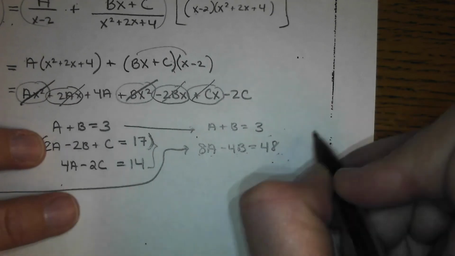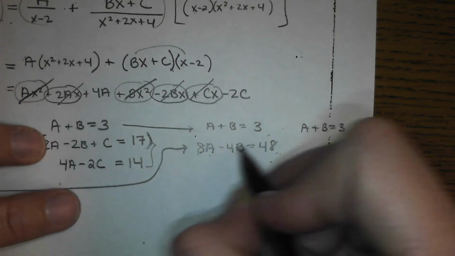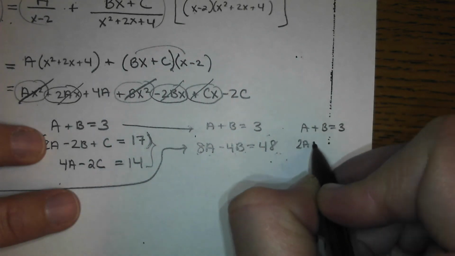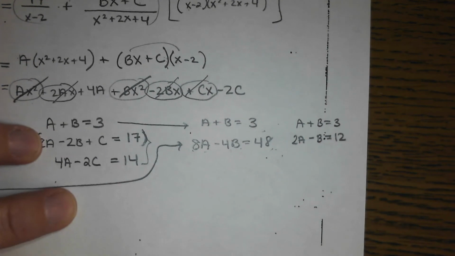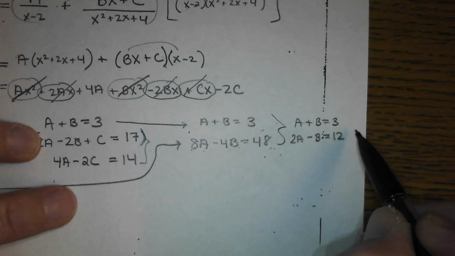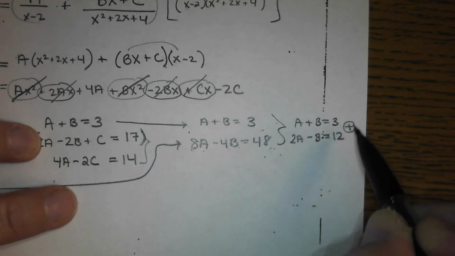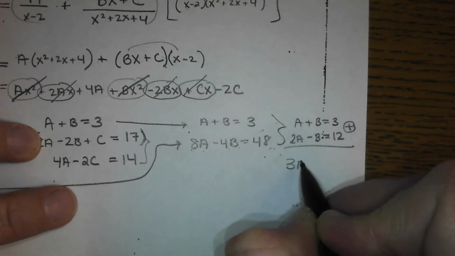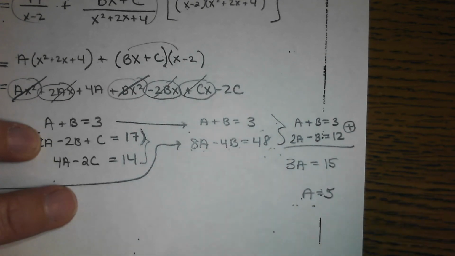And that would make the top stay the same, and dividing by 4 would make that 2A minus B equals 12. Add or subtract? Add. Opposite signs on the B's, add. So that gives you 3A equals 15, A equals 5.